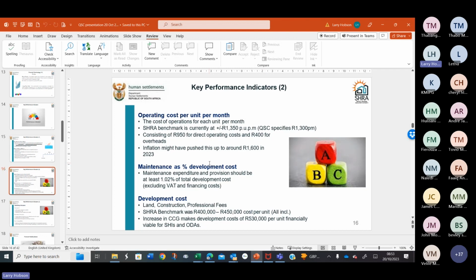Right, then we've got to provide for maintenance. Now, there was a big study done on maintenance being done in South Africa's social housing institutions, and that study settled on the desired amount being that our maintenance should be 1.02% of total development cost, on an annual basis.